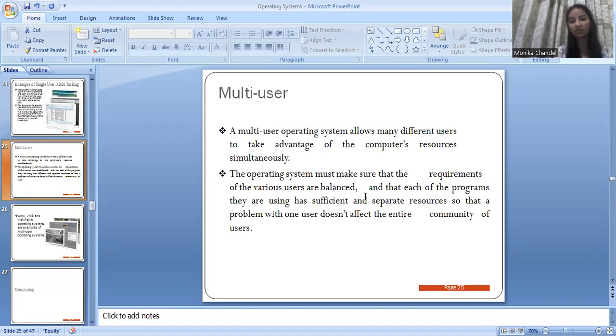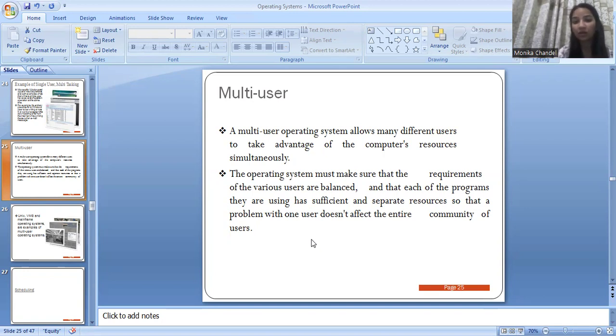The operating system must make sure that the requirements of the various users are balanced, and that each of the programs they are using has sufficient and separate resources, so that a problem with one user does not affect the entire community of users. What they want to say is that the operating system is responsible for all the resources that a user wants.